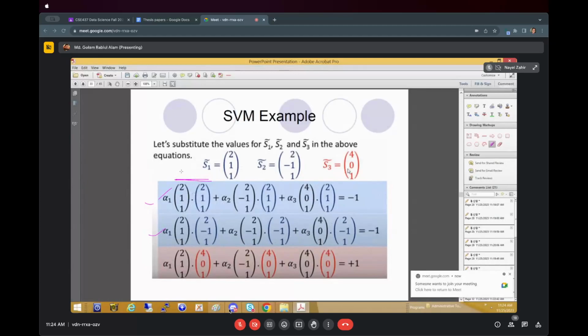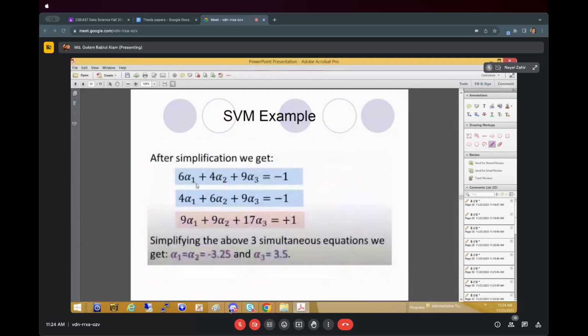So it will be 6 alpha 1. Then for the second one it will be 2 times 2, this also. Okay, 3 unknowns. So 3 unknowns are there.